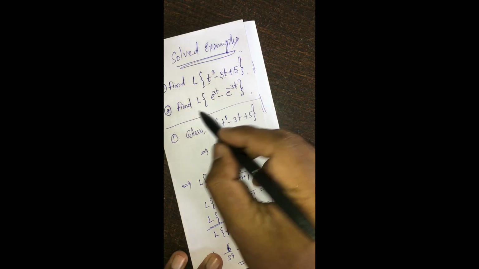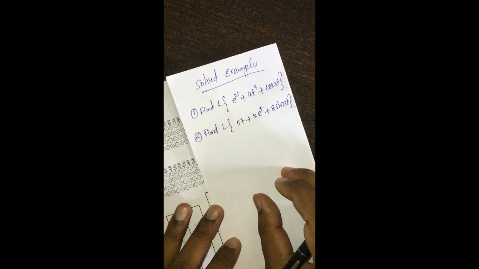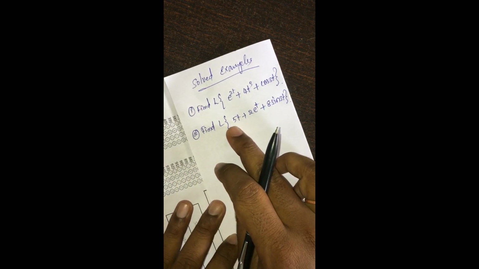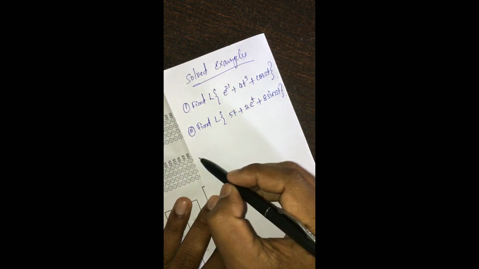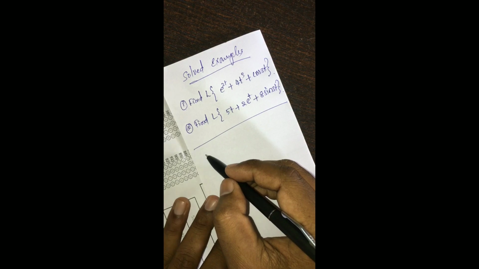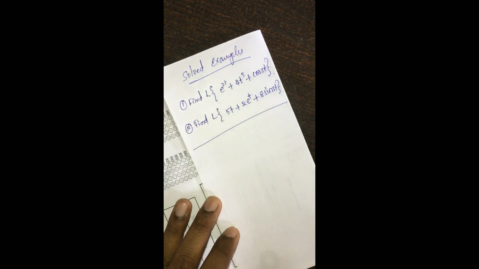So similarly, try to solve this problem based on the standard functions and the linear property. Yes students, in this solved example, in the second problem, again you solve this by using the linear property and the standard elementary function formulas of Laplace transforms.